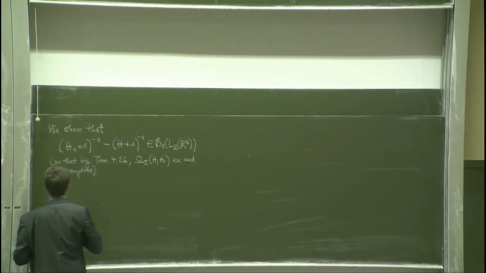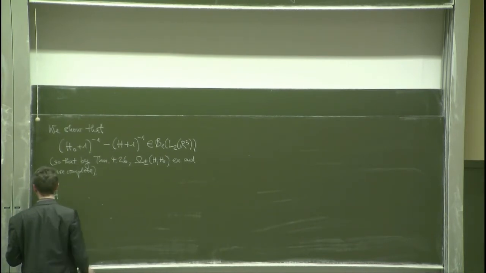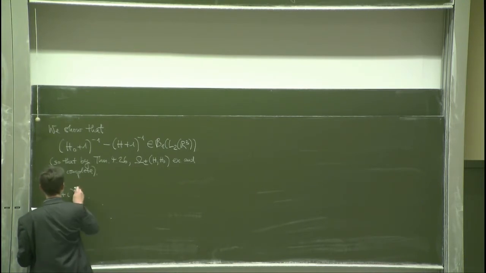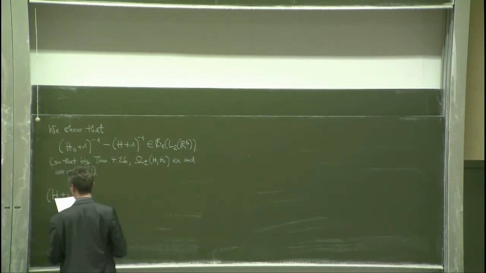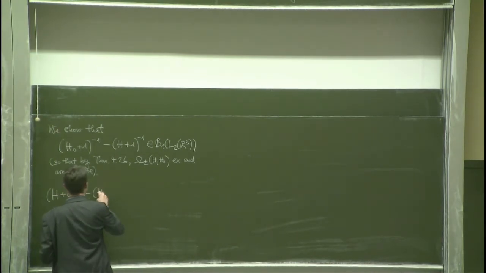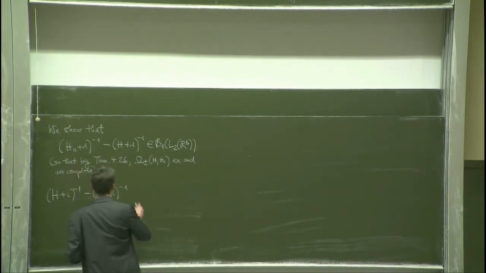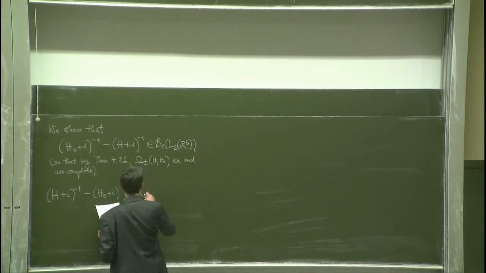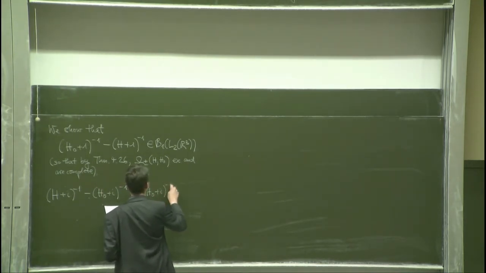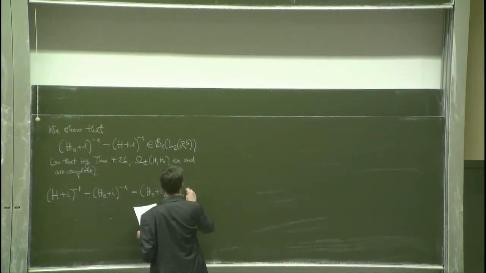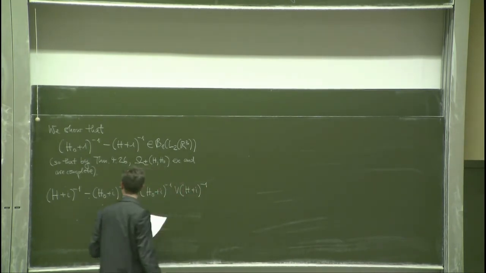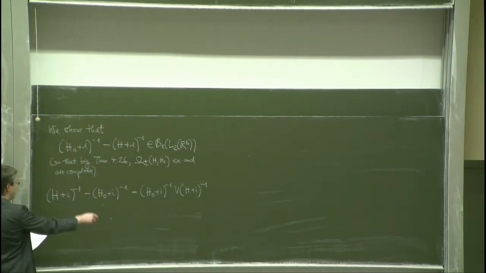Okay, what can we do? We can use the resolvent equation to argue as follows. I take this resolvent difference for the difference corresponding to H and H0. This is, by the second resolvent equation, simply this. Now here in the middle you have the difference between H and H0, and this is simply the potential, so you get this.